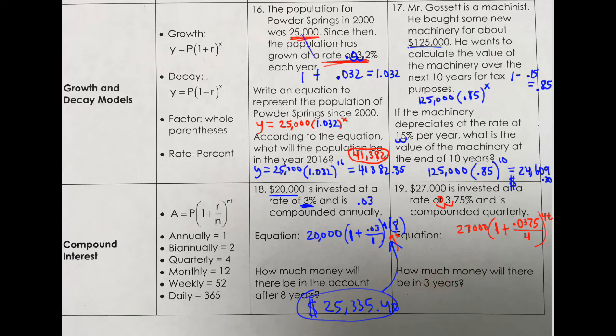Plug all this in your calculator with a 3 in for T, and you should get 30,199.12.